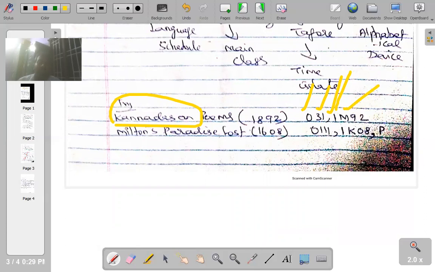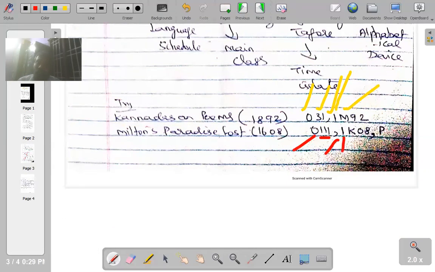Then comes Milton's Paradise Lost. You know Milton, John Milton, a very famous poet who wrote Paradise Lost and Paradise Regained, though he was a blind person. So Milton's work is being received in the library. Paradise Lost. The author was born in 1608. So main class O. 111 stands for English or English literature.